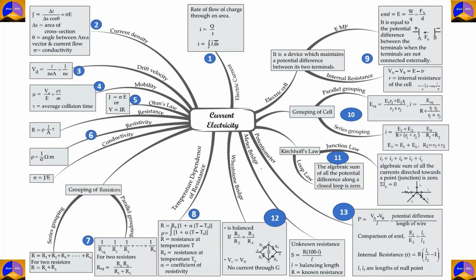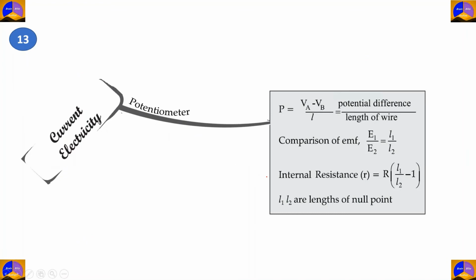Let's move on to the last device and the last part of this chapter, known as the potentiometer. A potentiometer is used to find out the potential difference across a certain length of wire L. And the formula to find the potential gradient is (VA minus VB), which is potential difference, divided by L, which is the length of the wire.